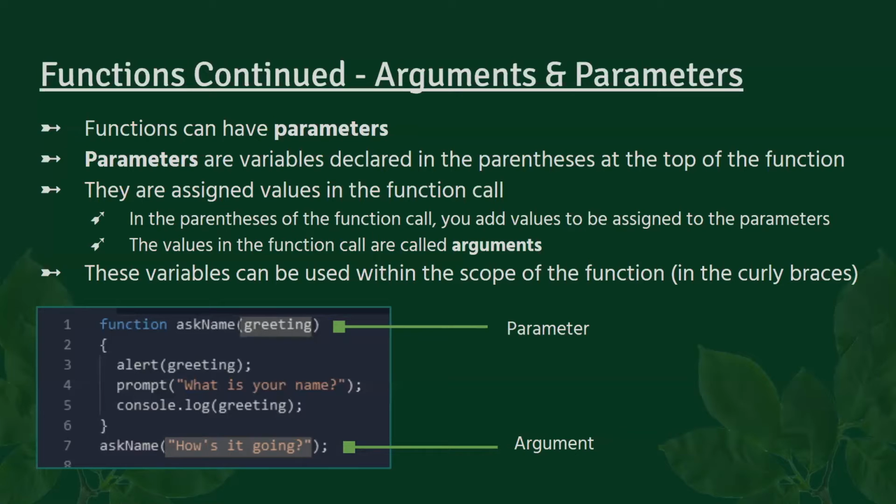Okay. So input in the parentheses becomes the identity label of the user's answer. Yes, if I'm understanding that question right. So basically, this greeting is like the ID badge of the variable, right?